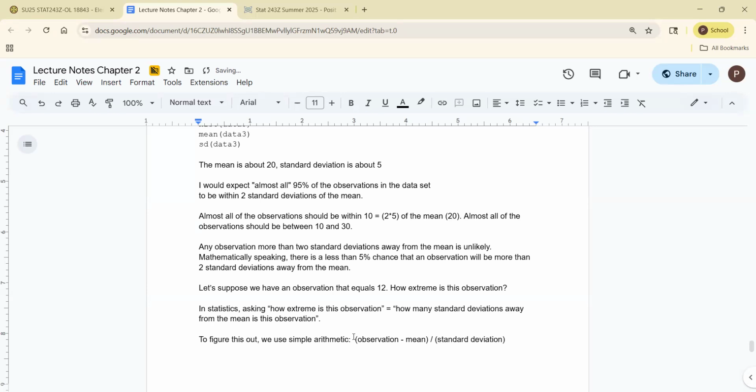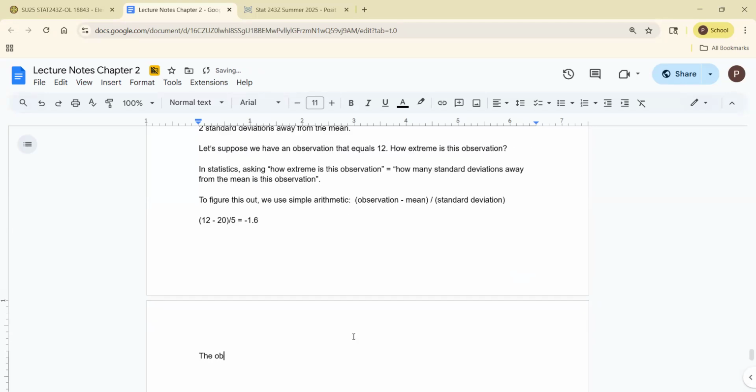So in this case, we take 12 minus 20 and divide by 5, which is negative 1.6. So the observation 12 gives us a result of negative 1.6.